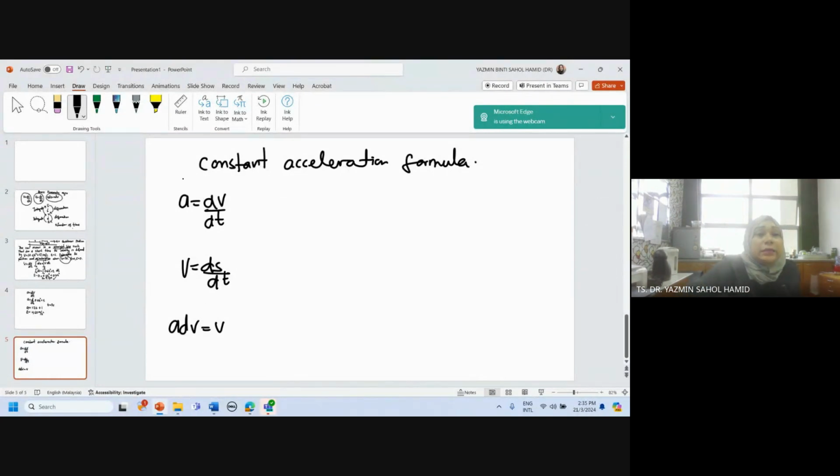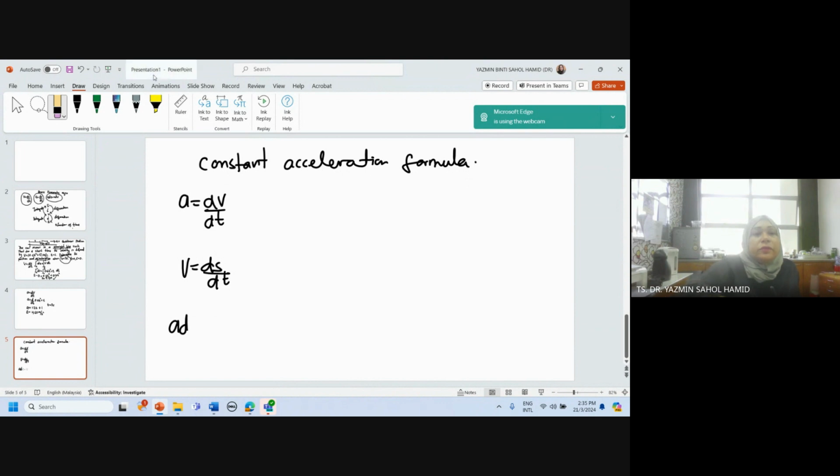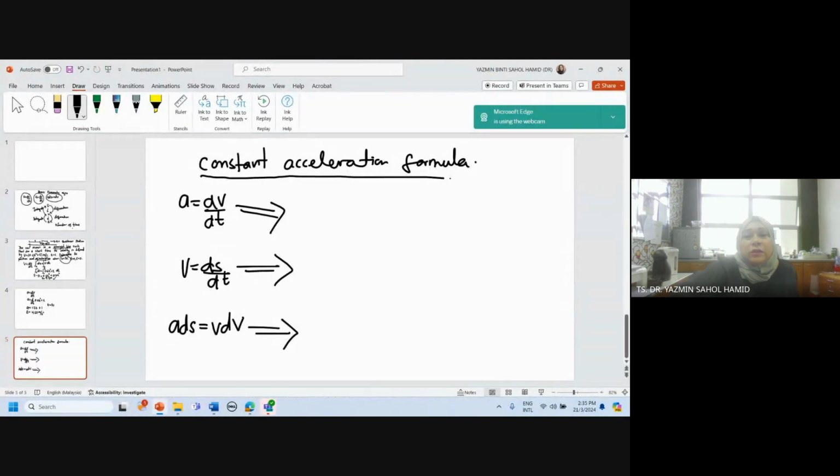Oh, sorry, I wrote it wrong. a ds equals v dv. So we are going to derive another formula from the basic formulas, and this formula is what we call the constant acceleration formula.